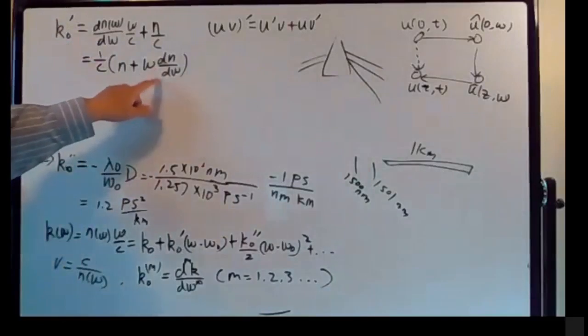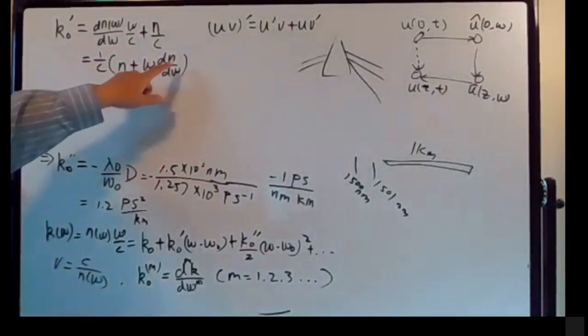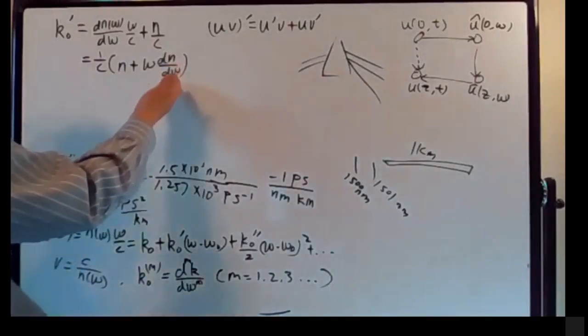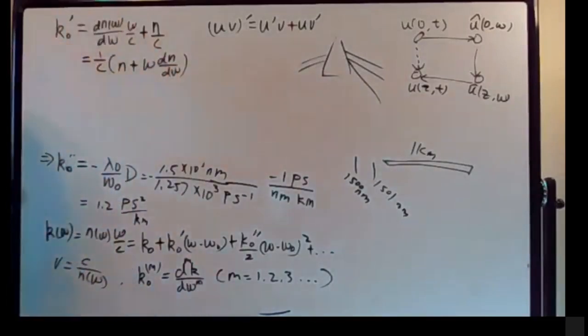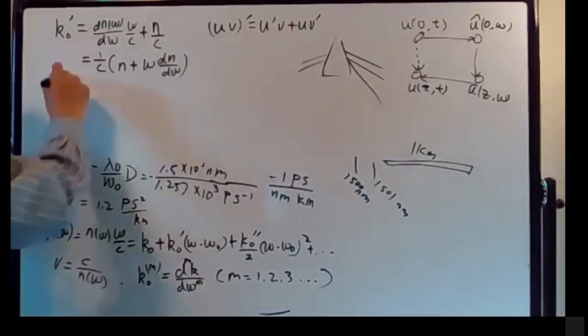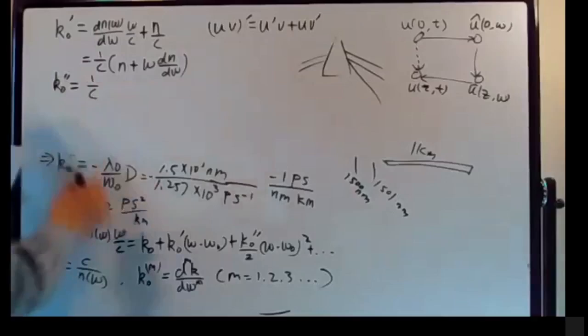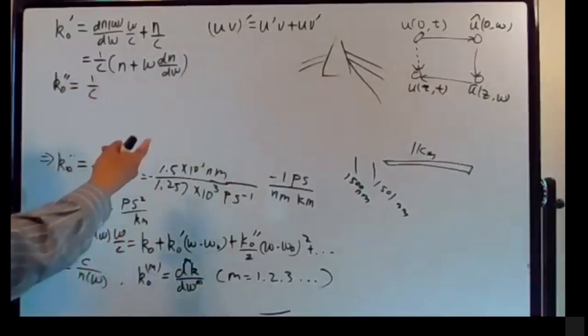So once people give you the refractive index n as a function of wavelength or omega, you should be able to calculate the k naught prime. And let's calculate k naught double prime. k naught double prime is 1 over c. You take another derivative.